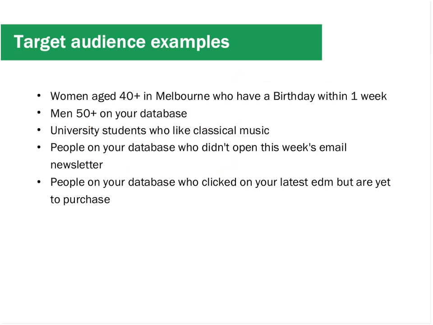So some examples of how we might use lookalike targeting in our Facebook strategy in combination with other targeting methods on Facebook. You might say, well, actually segment targeting: women aged 40 plus in Melbourne who have a birthday within 1 week.